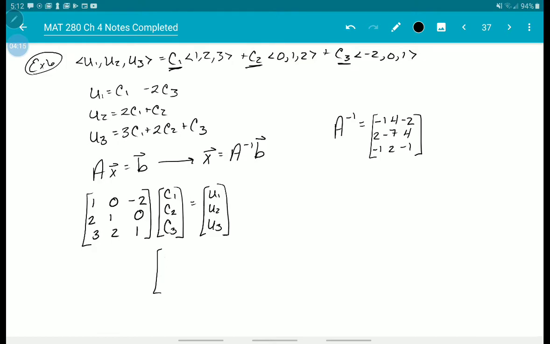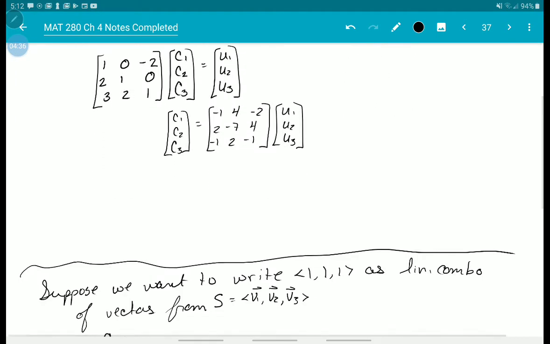So now our C1, C2, C3 is equal to A inverse times our U1, U2, U3. So let's multiply these together.